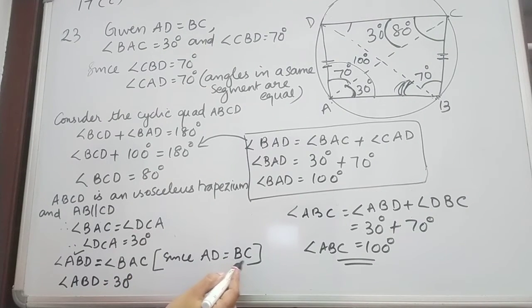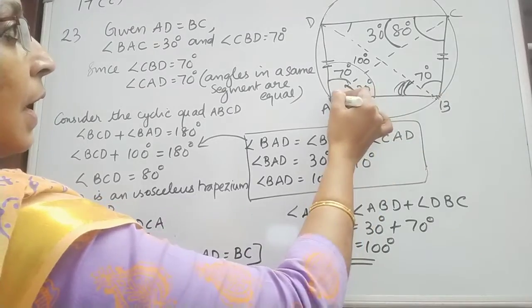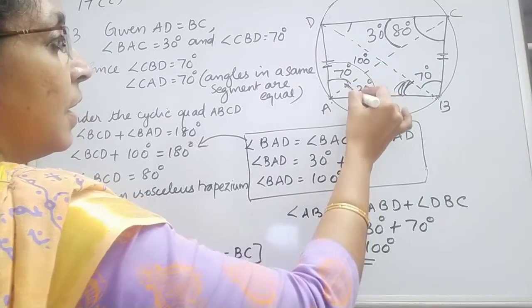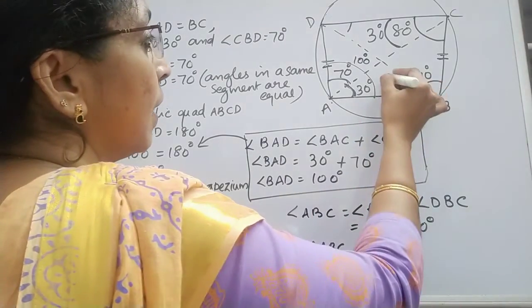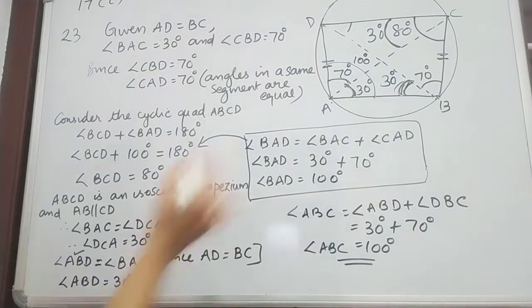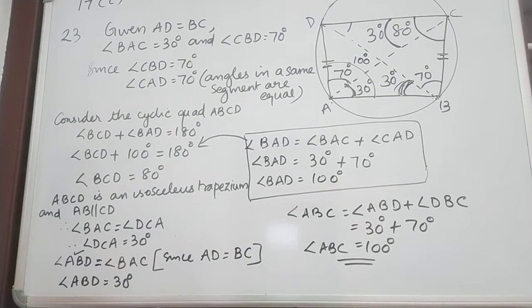It will be BAC, this angle 30 degree. So we know BAC is 30 degree. So ABD also will be 30 degree, since these two are equal.